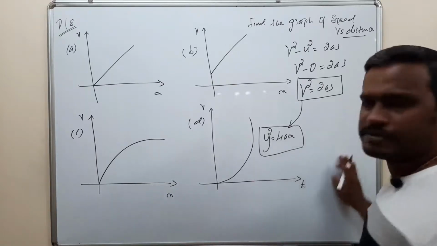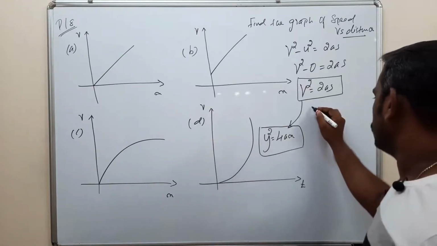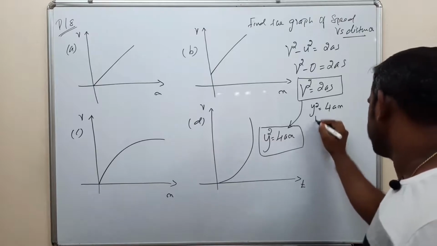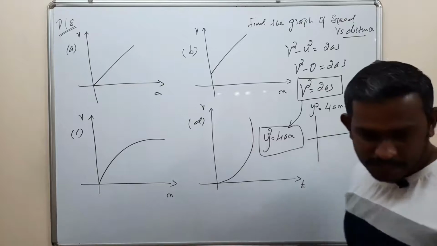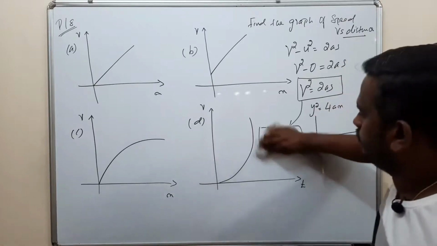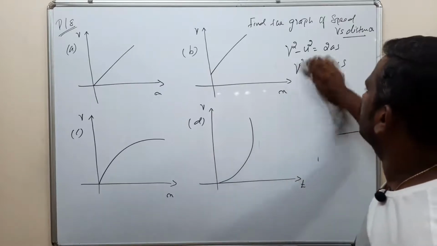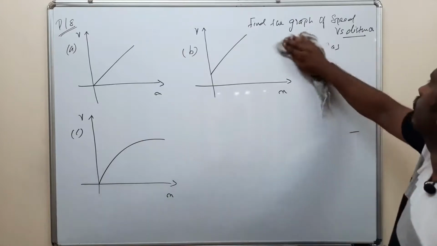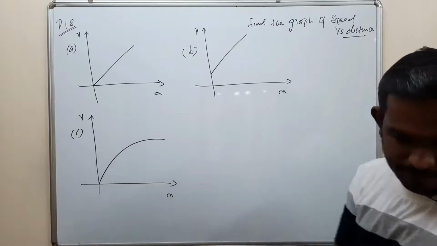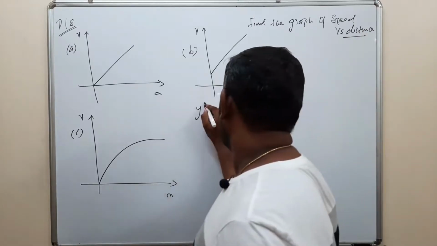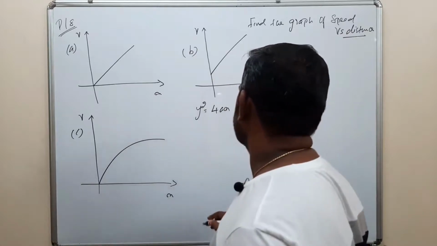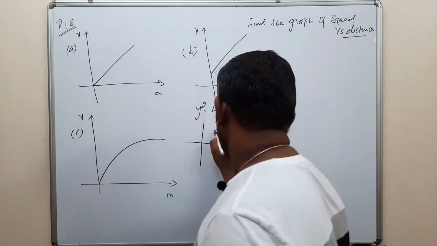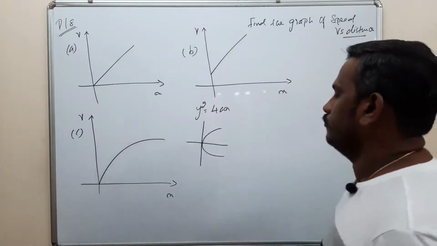We have 4 types of parabola. This is the parabola y square is equal to 4ax.